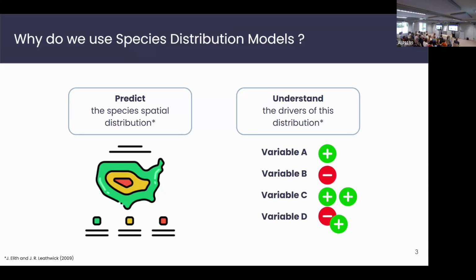Usually with a traditional random forest based SDM, we can quite easily have feature attribution methods. We can say, okay, variable A has this contribution, while variable B has a negative contribution to the prediction of the presence of that species.